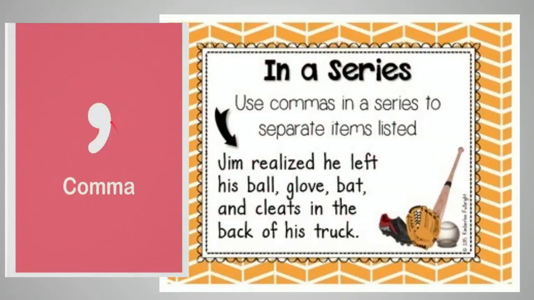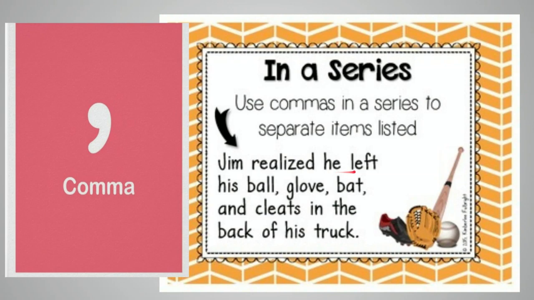And a comma looks like this over here. Okay, and a comma would be down at the bottom of our letters. And we use commas in a series to separate items that are listed. So here is an example.